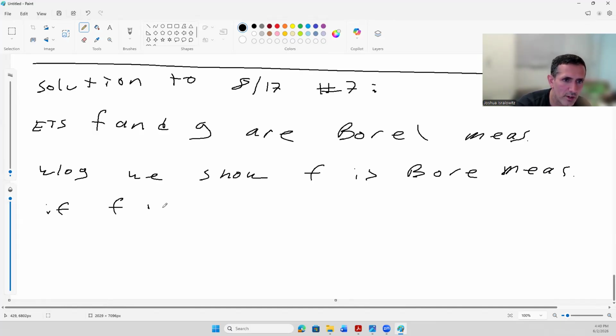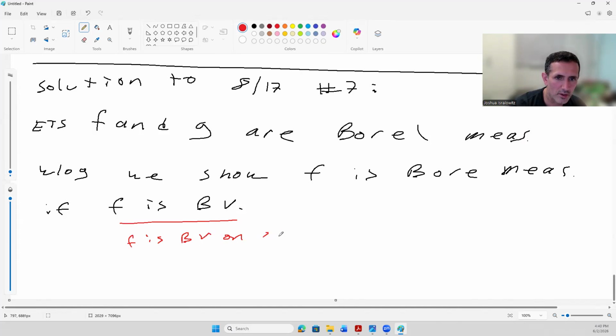So again, what does BV mean? It means it's bounded variation on every closed interval, and no claim that the supremum of the total variation on each of these intervals is finite, where the supremum is over all these intervals.